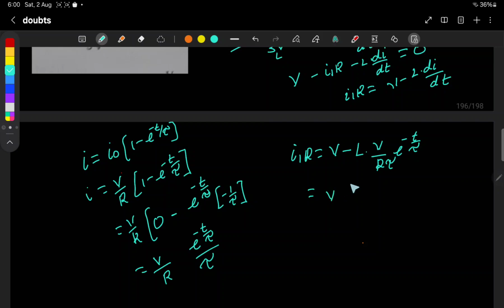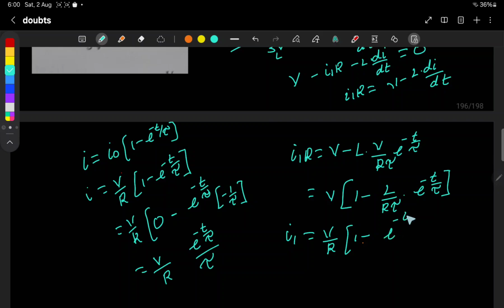So take V in common. If you take V in common, what I'll get? 1 minus L by R tau into e to the power minus t by tau. So here I1 only we need, we can bring this R down. So V by R. Here if you see this tau, what is this tau? Tau is nothing but L by R. So both of them will cancel each other.